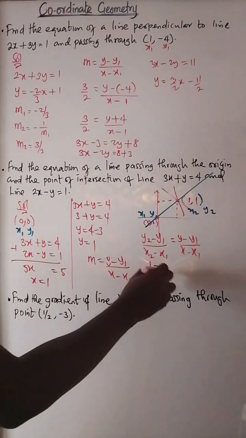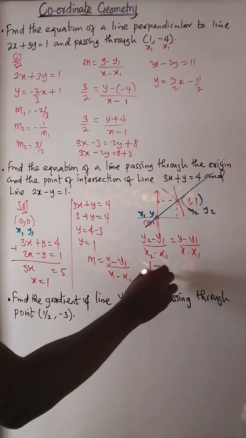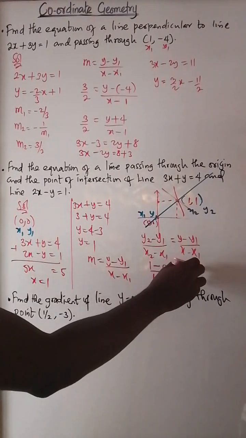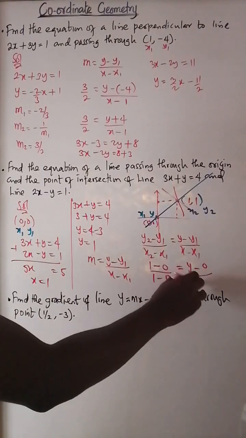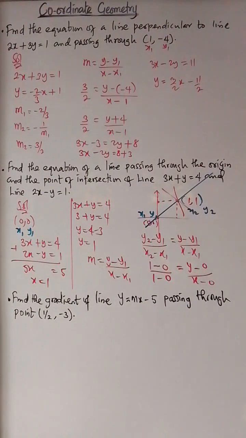What is y1? 0. x2 is 1, minus 0 equals y minus, what is y1? 0. X minus x1 is also 0. So 1 minus 0 is 1, 1 minus 0 is 1, so 1 over 1 equals y over x. By the time we multiply, you are going to get y equals x. So this is the equation of the line. So it means the slope of that line is 1 and the intercept is 0.